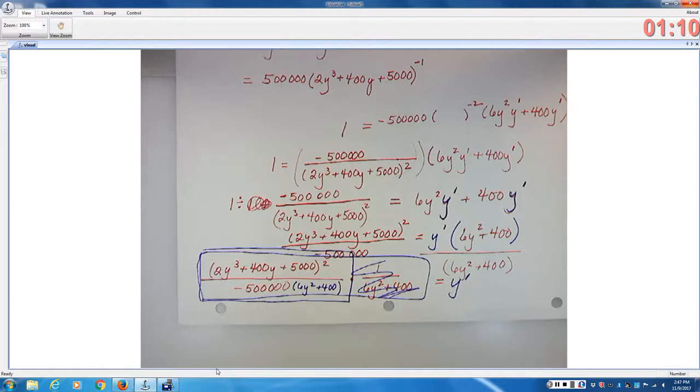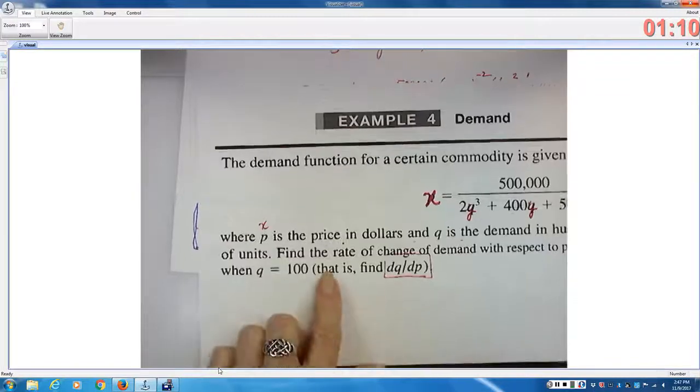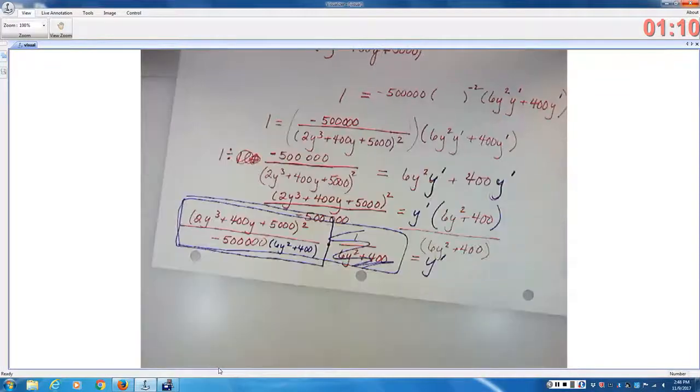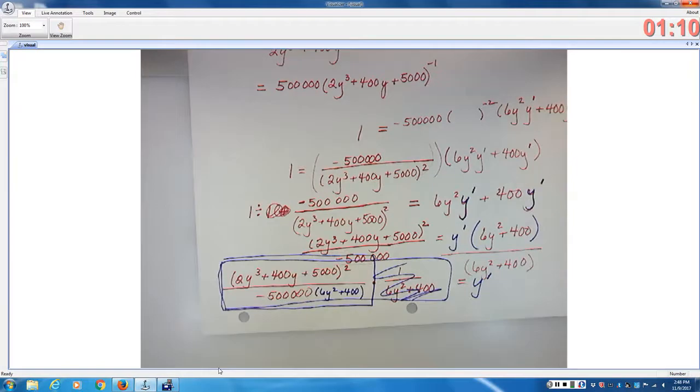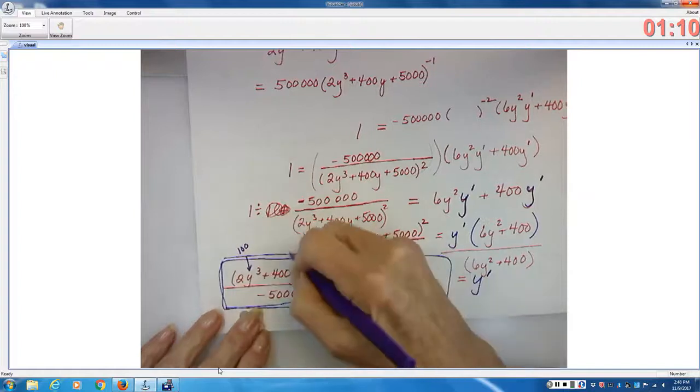At this point, all we need to do is plug in. Let's see, where's my original problem again? Find the rate of change of demand with respect to price when Q is 100. So all we would do then, since y was Q, is everywhere we see a y, we plug in 100.